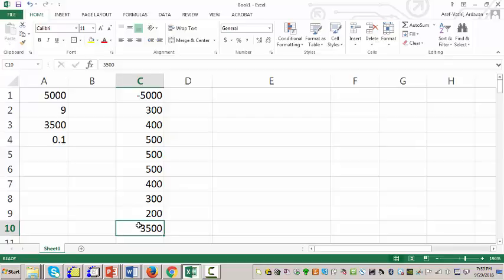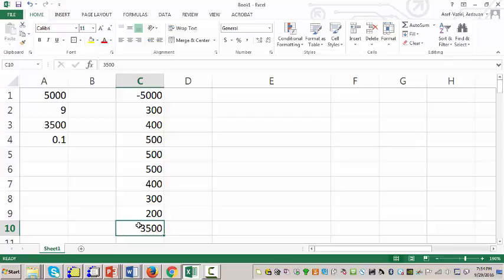Remember, $3,500 9 years from now is not $3,500 today. No one is willing to pay $3,500 today and get $3,500 9 years from now. And we just discussed how the present value of $3,500 9 years from now is computed.